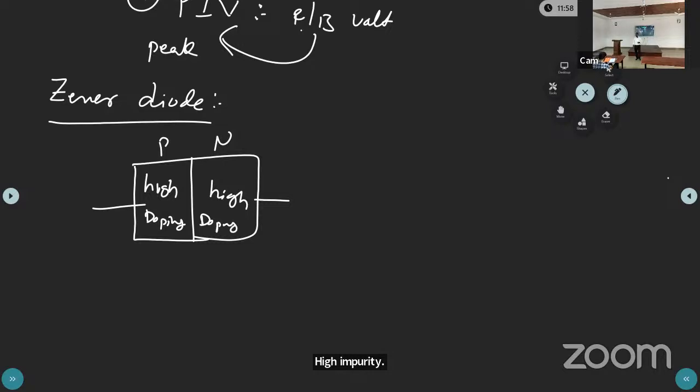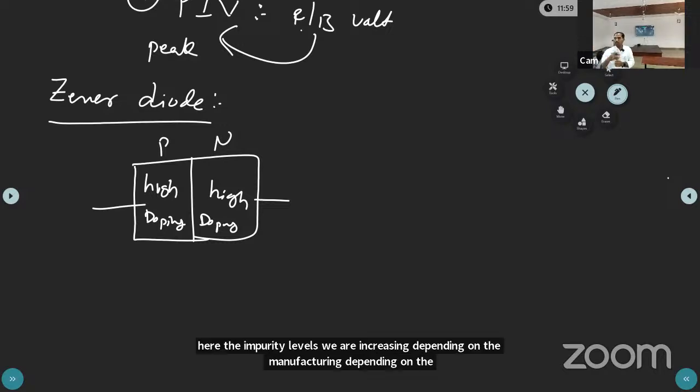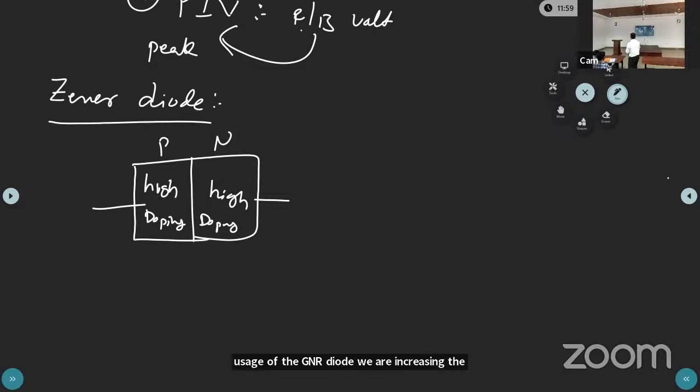In the normal PN junction diode, the impurity concentration is 1 or 2 atoms per 10 to the power 6 pure atoms. But here we increase the impurity levels depending on the manufacturing and the usage of the Zener diode. By increasing the impurity levels, that PN junction diode is called the Zener diode.